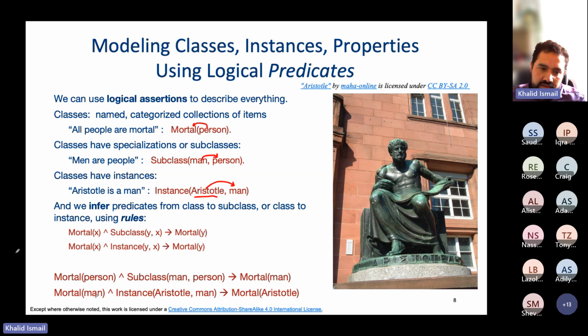If a man is mortal and we have the instance Aristotle, who is a man, then we can know that Aristotle is a mortal. This way of representation we call logical predicates or logical assertions. Does anyone have any questions about the first representation?